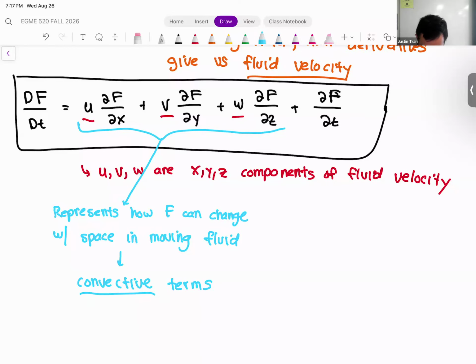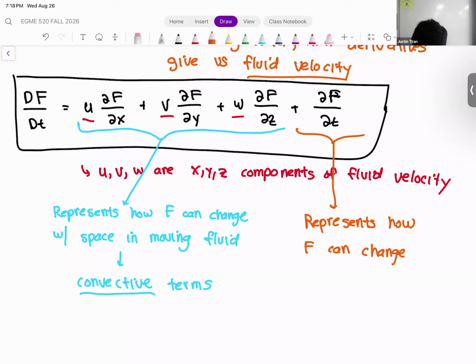All right, and then the other term here is the term that's all by its own. It's the only term here that is purely a derivative with respect to time. So this represents how f can change with time at a fixed location.